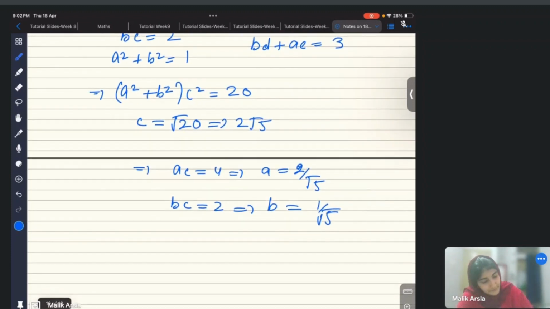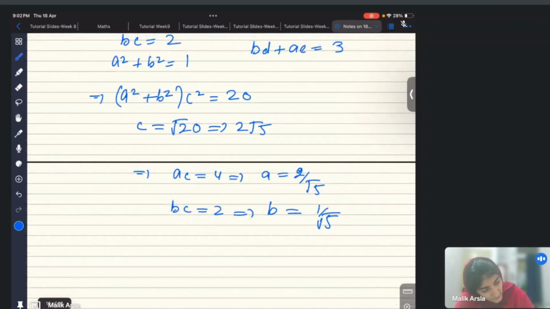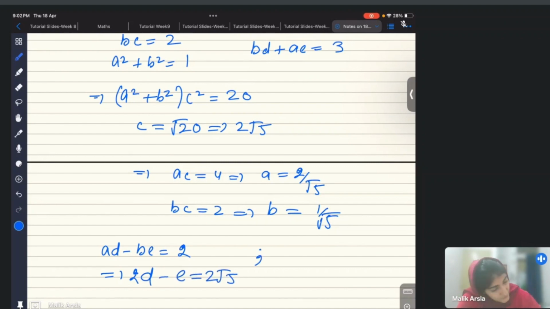Now putting these values in the equation, AD minus BE is equal to 2. We find 2D minus E will be equal to 2 root 5, and from the equation BD plus AE is equal to 3, when we simplify it, it becomes D plus 2E is equal to 3 root 5.